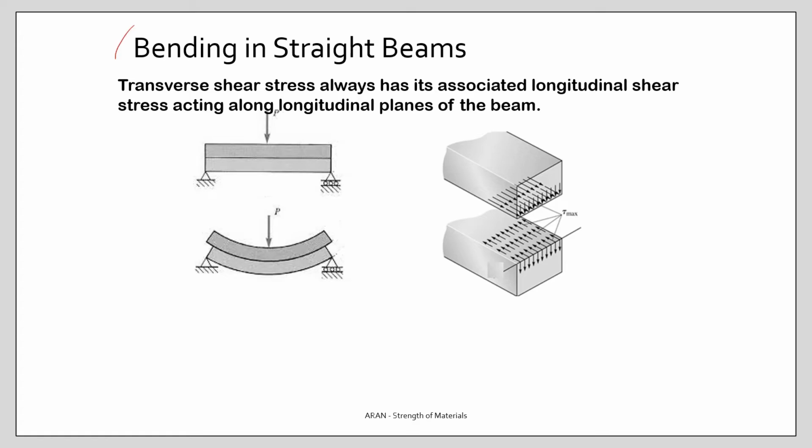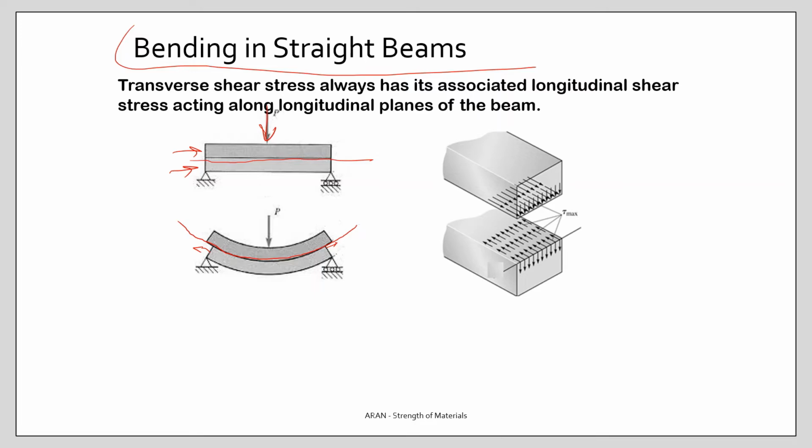When we talk about bending in straight beams, for example, let's take two boards and apply a bending moment. When these boards are not glued together, we see that on the surface there are some shear displacements.